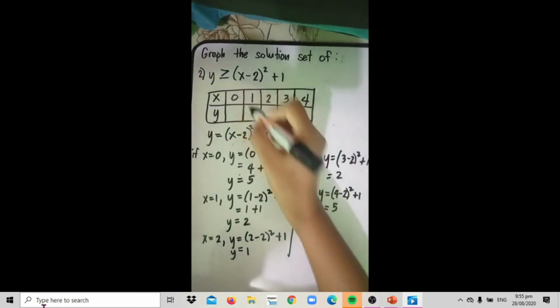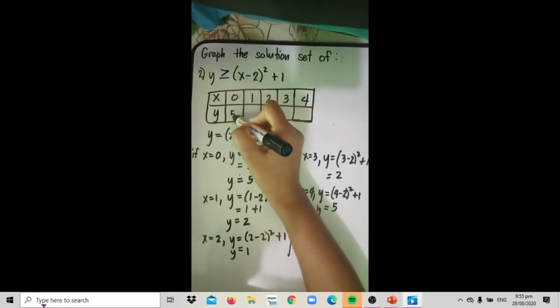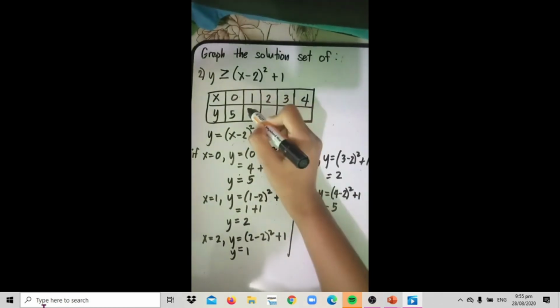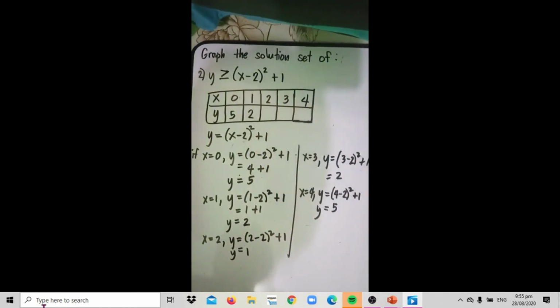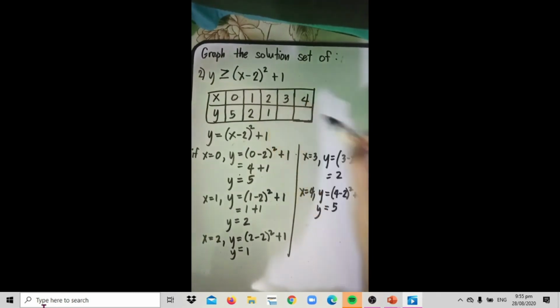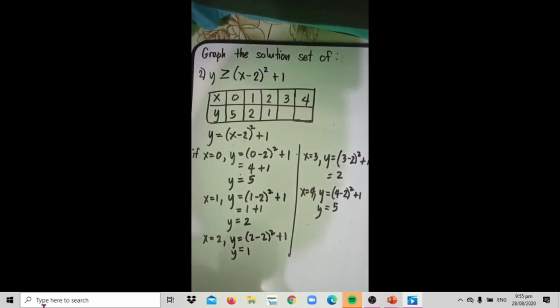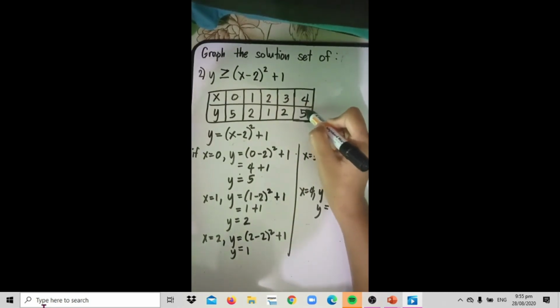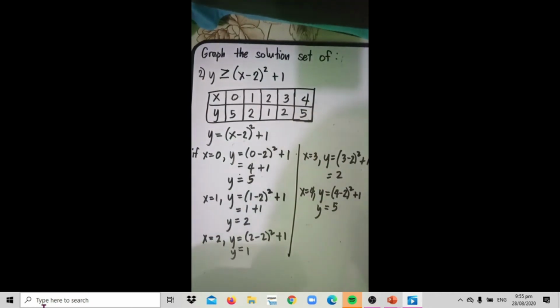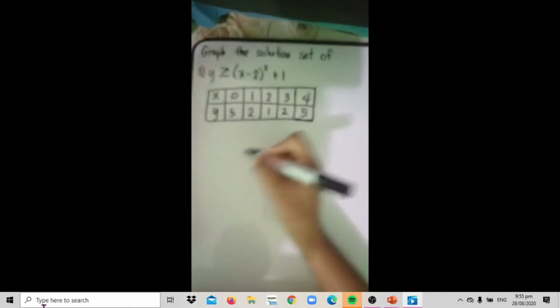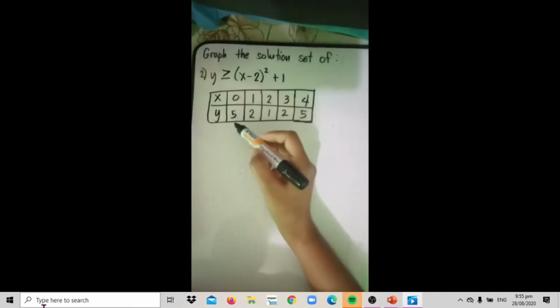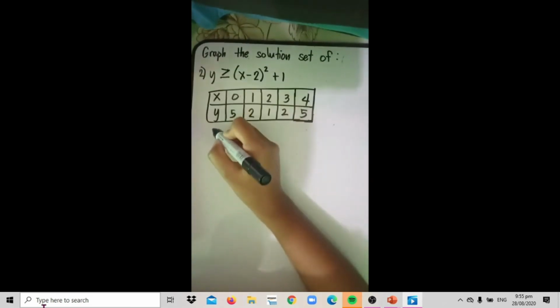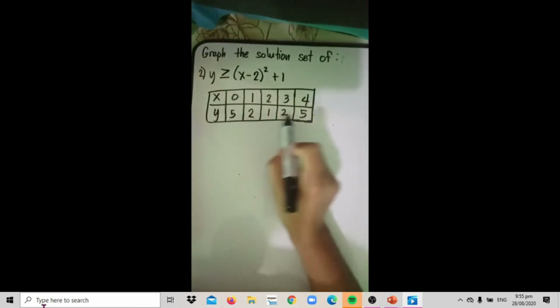So, we have, if x is 0, our y is 5. If x is 1, our y is 2. If x is 2, our y is 1. And if x is 3, our y is 2. And if x is 4, our y is 5. So, we have already completed our table. Since meron na tayong table, meron na tayong ordered pairs. So, we have 5 ordered pairs.